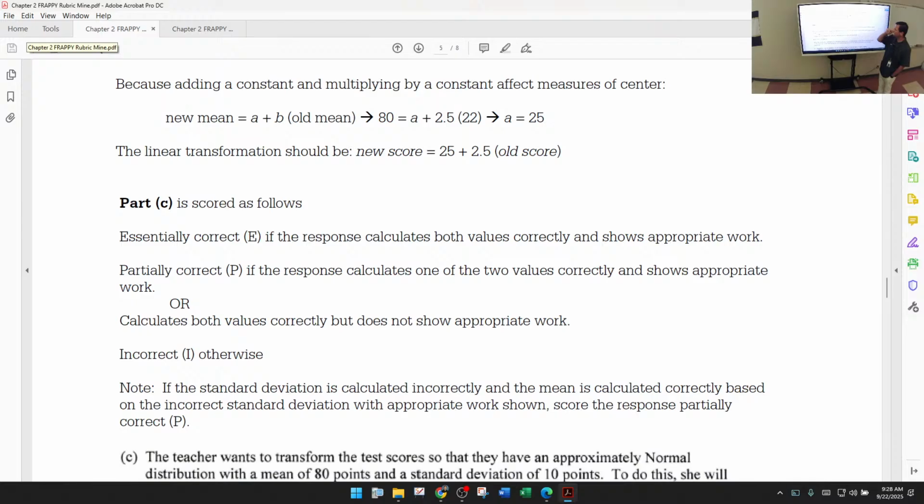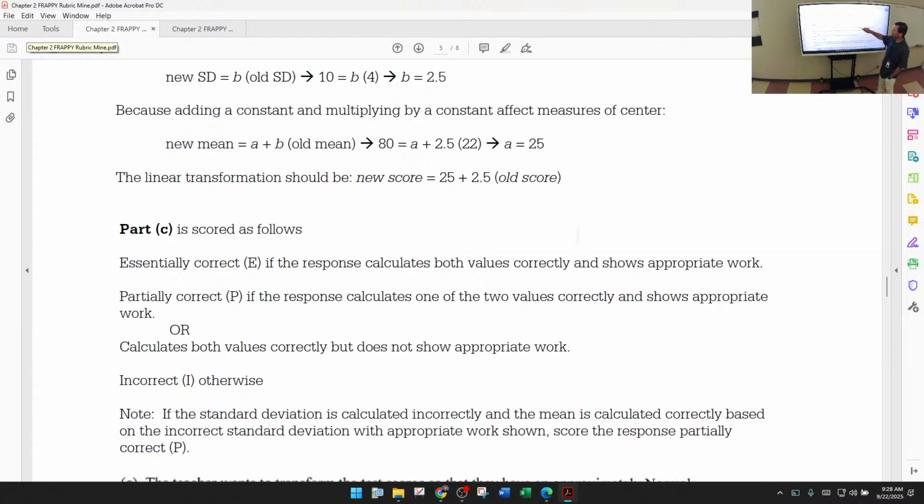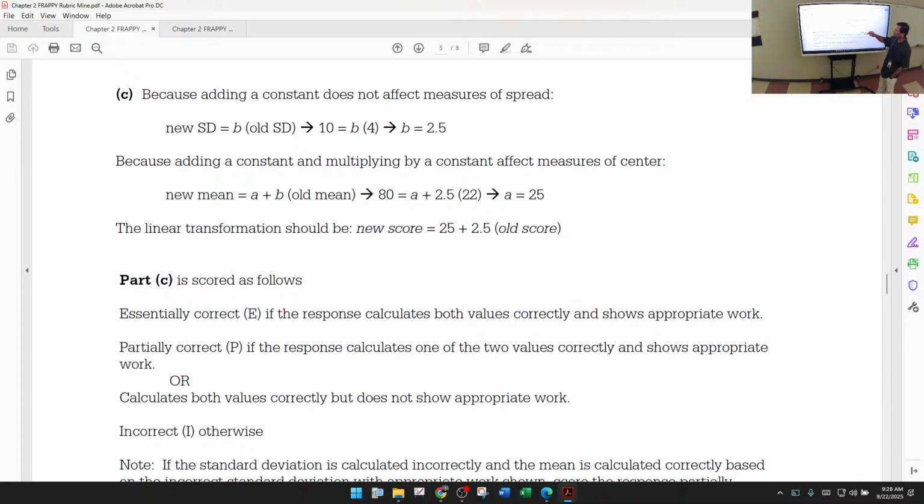Because when you're calculating a new mean, you have A plus B times the old mean. Why isn't it just A times B? For the standard deviation, the new value just equaled B times the standard deviation. Why is the new mean not the same value? Why is it not just A times B?